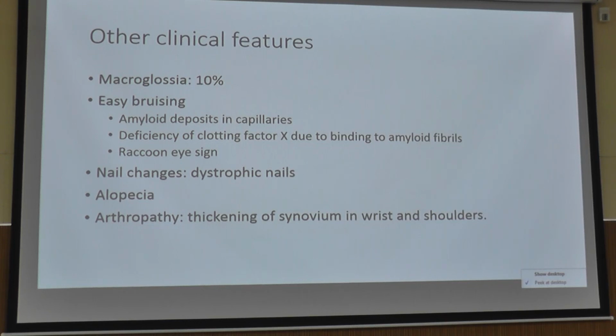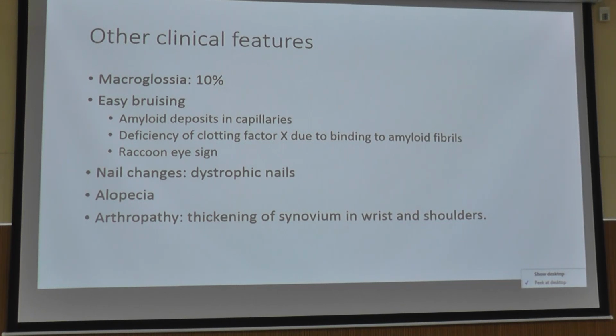Even small injuries cause severe bruising. Amyloid deposits are there in the capillaries, or it is because factor X binds to the amyloid. It is most often seen below the eyes, giving raccoon eyes. I'll show you some pictures.